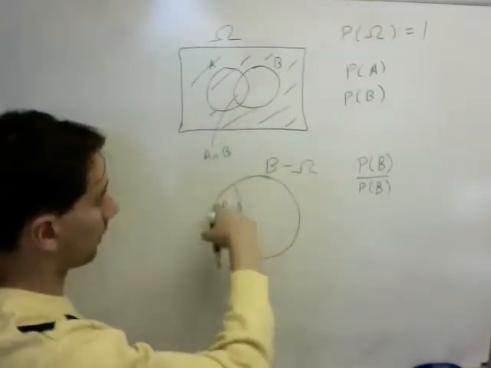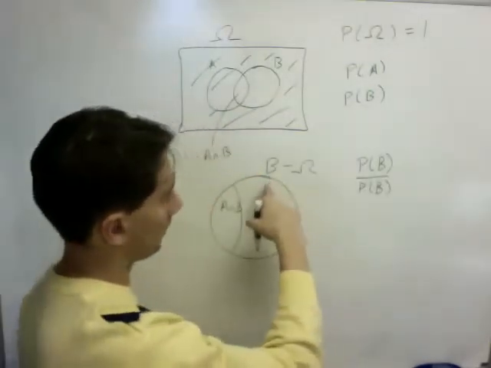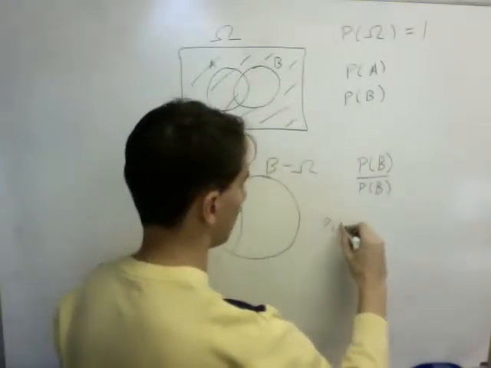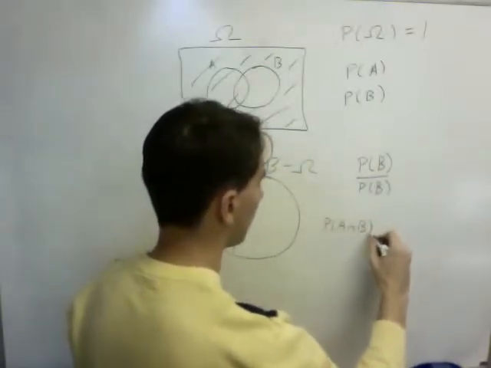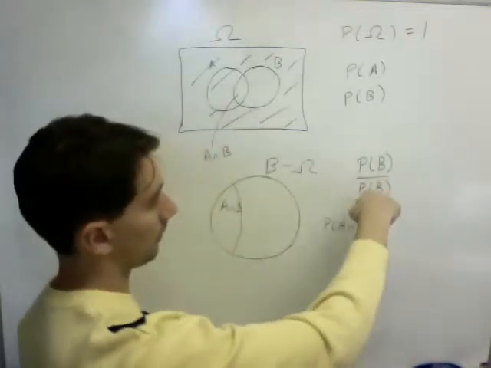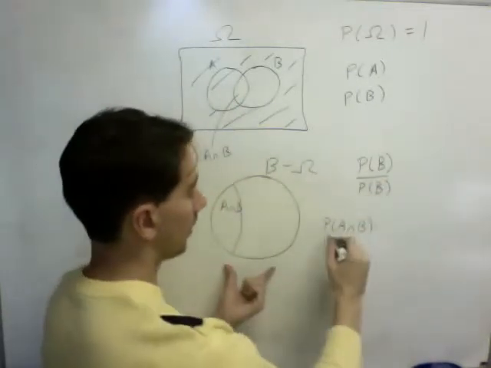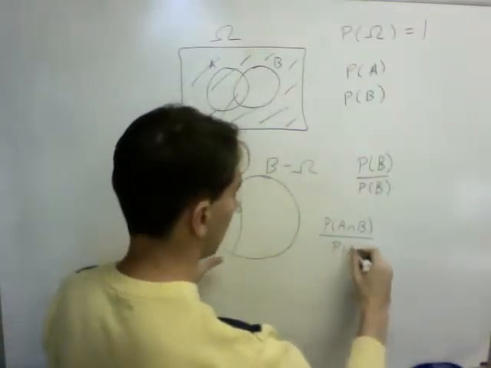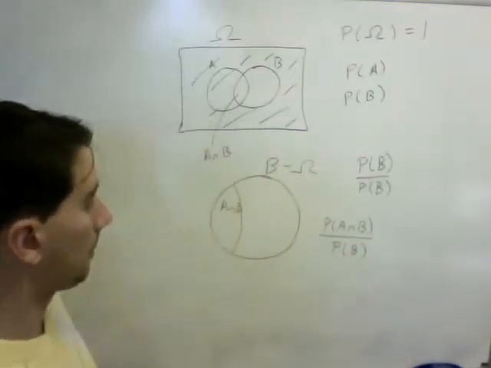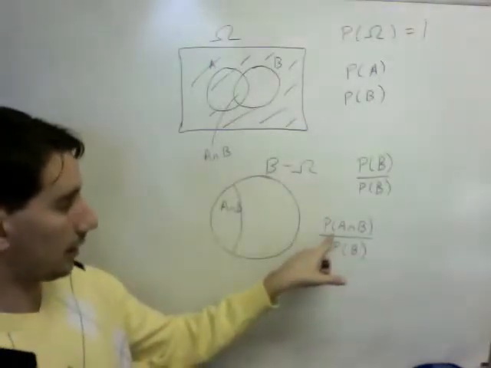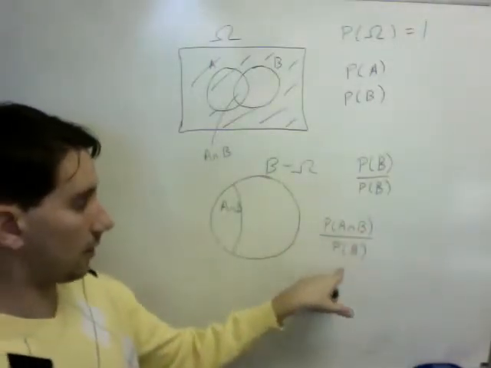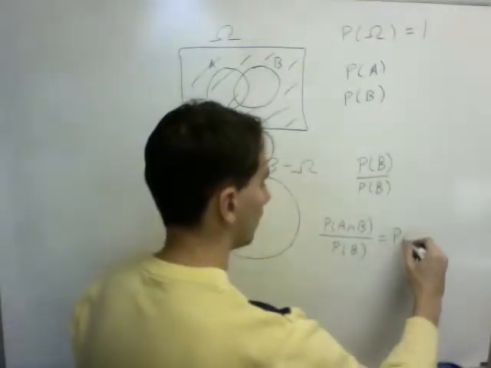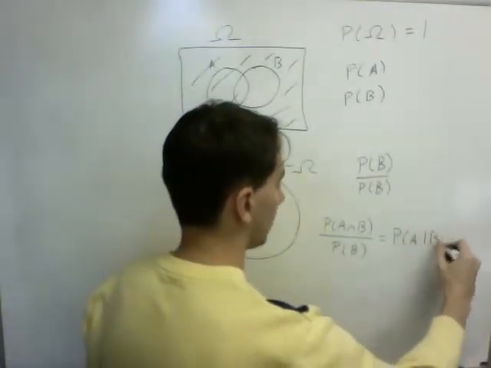So the probability that this happens, given that we know the only possible outcomes are in B, is going to be the probability of A intersect B. But we still have to scale it. Since we had to scale everything so that B has probability 1, we now have to scale this piece too. We've scaled the whole space by P of B. And so that's the probability of A intersect B divided by the probability of B, which is the probability of A given that we know B occurs.